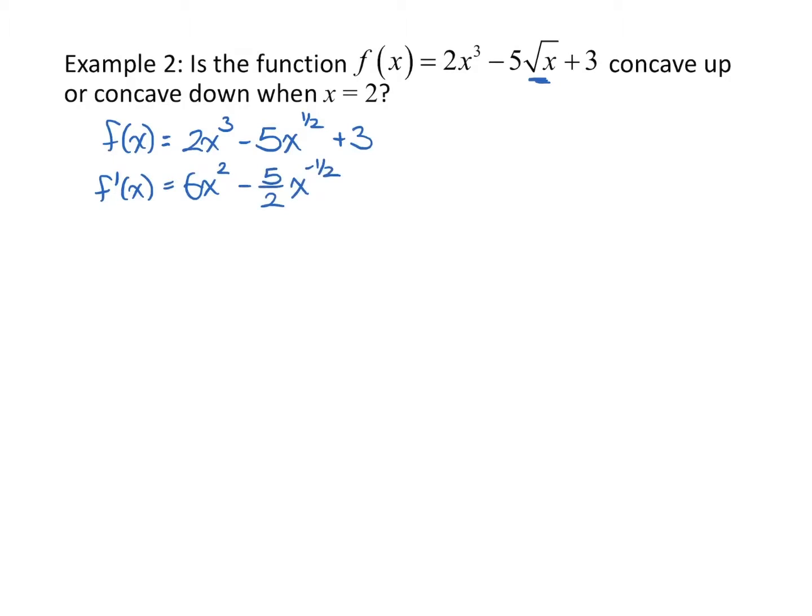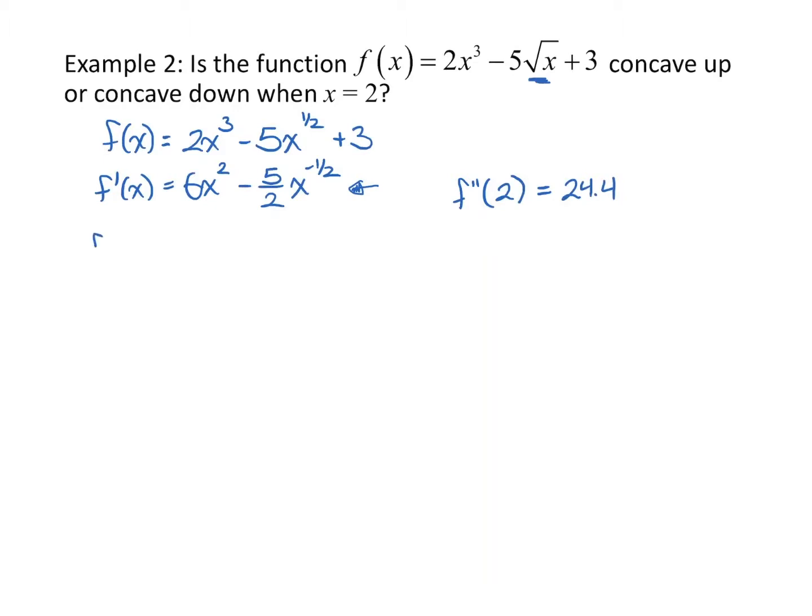And if you're allowed to use your calculator at this point, you're going to write down what you're calculating. You're finding the second derivative at 2. You're going to use your calculator's derivative function and treat this first derivative as the function that you're putting in your calculator. And you should get 24.4 when you do that.